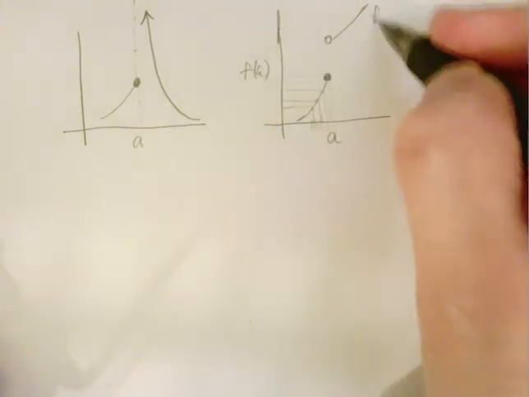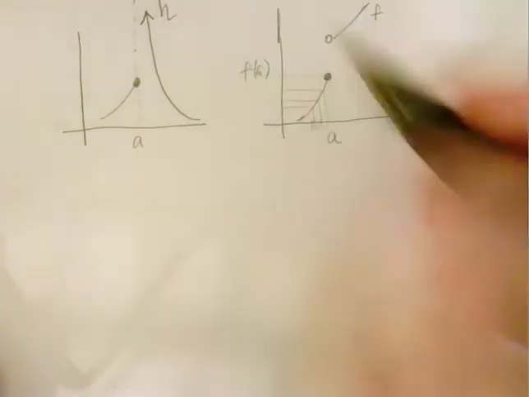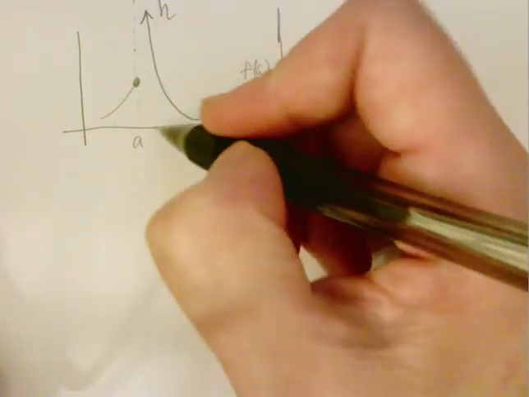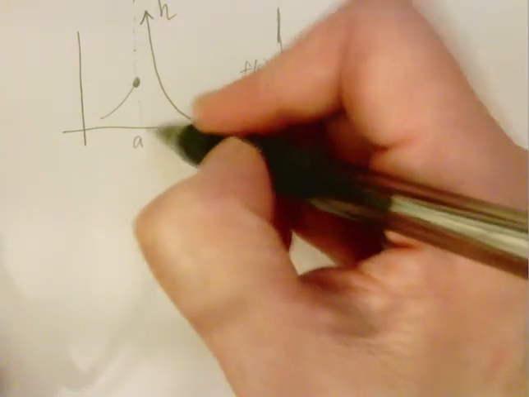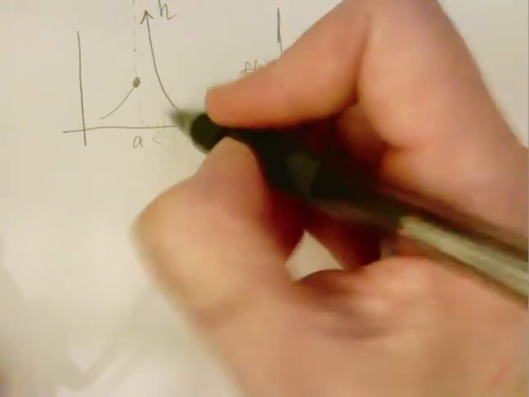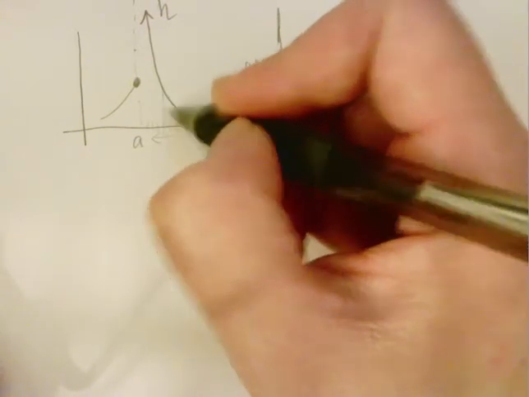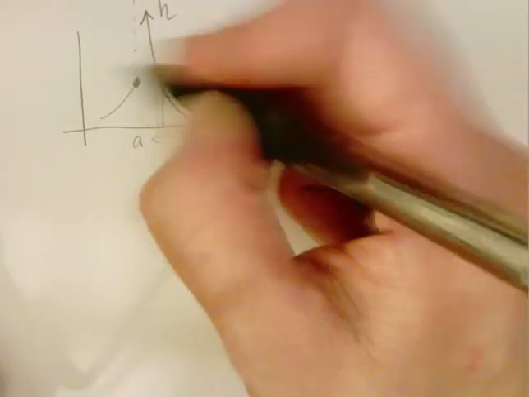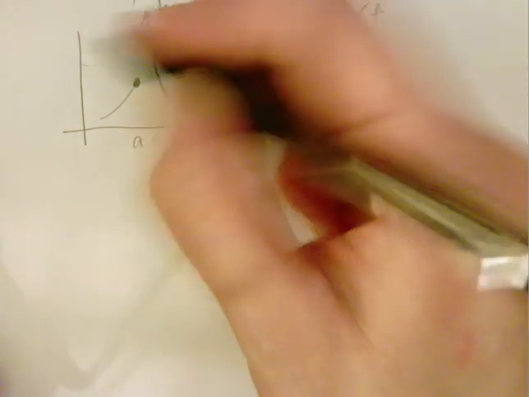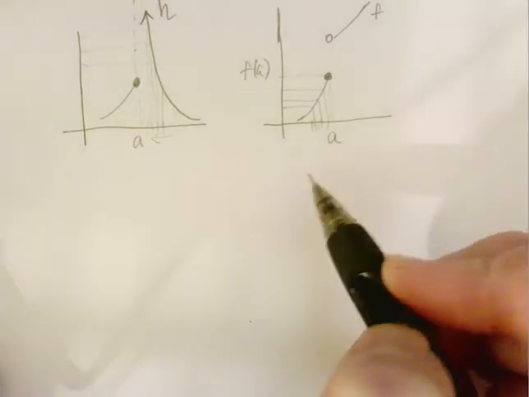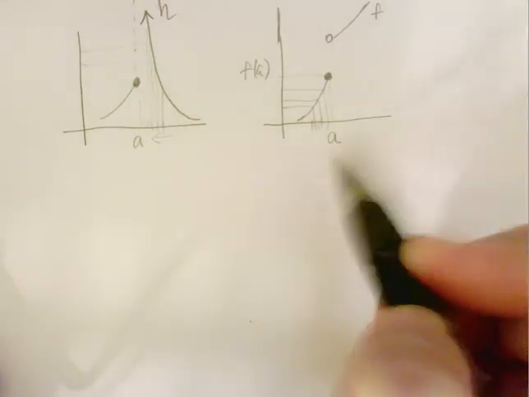This is my function f. Let's call this function h. However, if we approach a from this direction, notice that the value is going to infinity. So these are two different ways that limits don't exist.